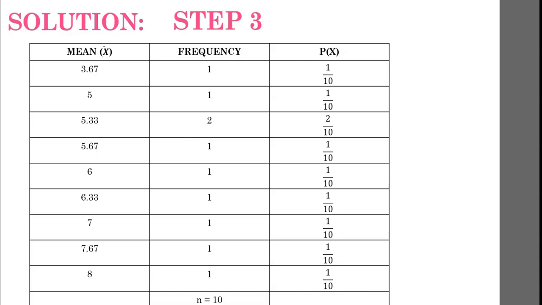For 5.33, the probability is 2 out of 10 since there are two 5.33. For 5.67, there's 1 out of 10. The same with 6, 6.33, 7, 7.67, and 8. We have 1 out of 10 for their probability. So this is how we create a sampling distribution for the sample means.